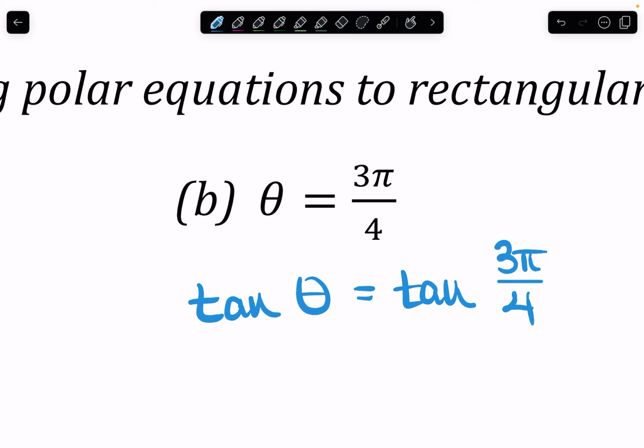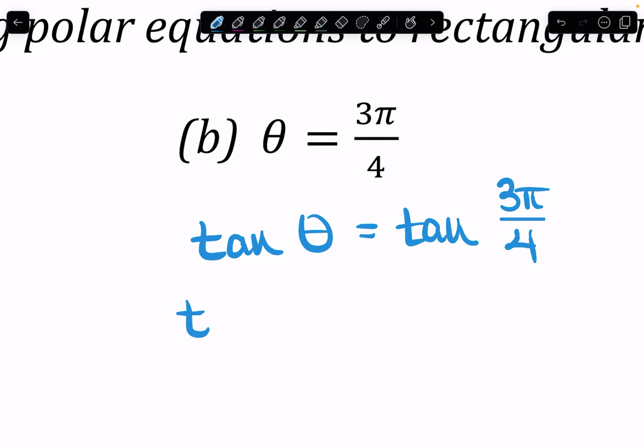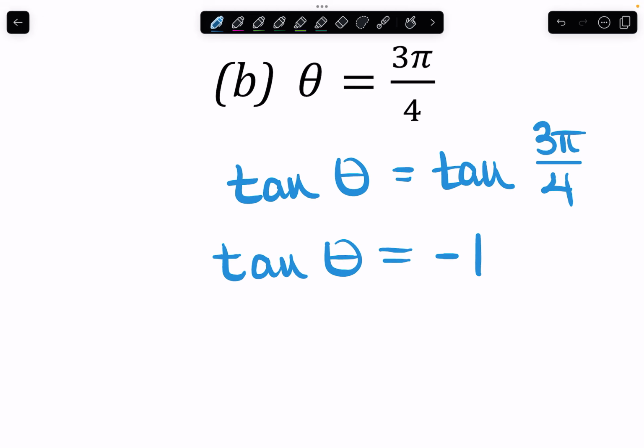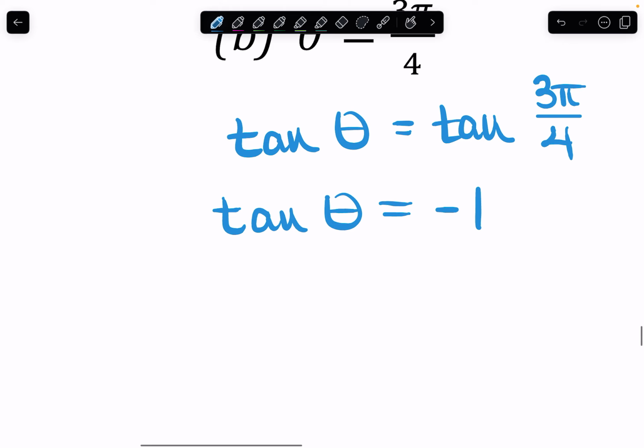In doing that, I have tangent of theta equals tangent of 3 pi over 4, and tangent of 3 pi over 4 straight off the unit circle is -1. Tangent of theta, we now have a conversion for that into rectangular coordinates. Tangent of theta is y over x, so I have y over x equals -1.